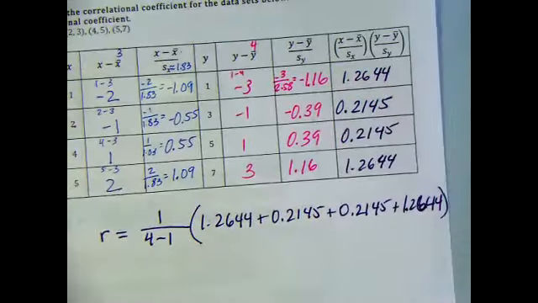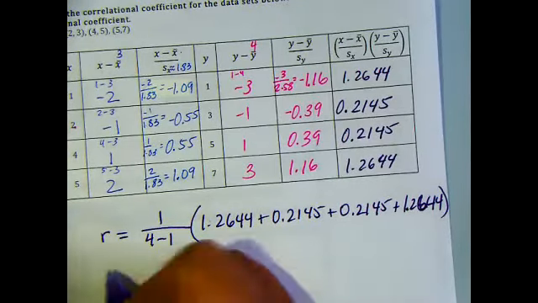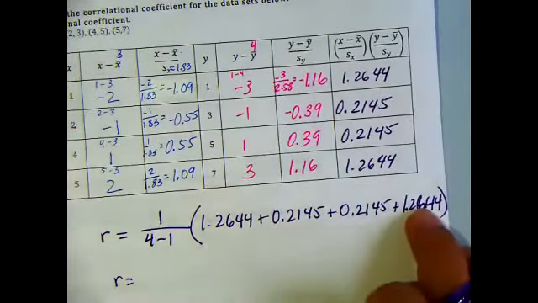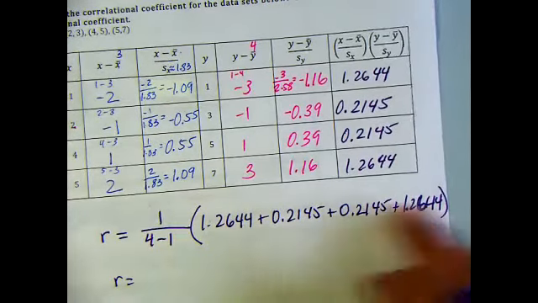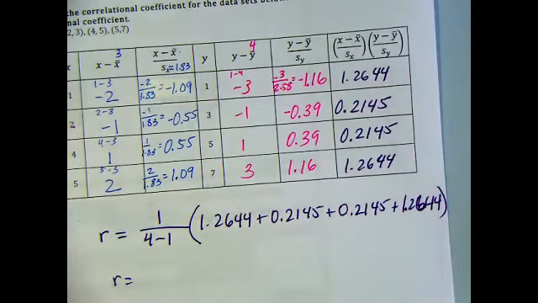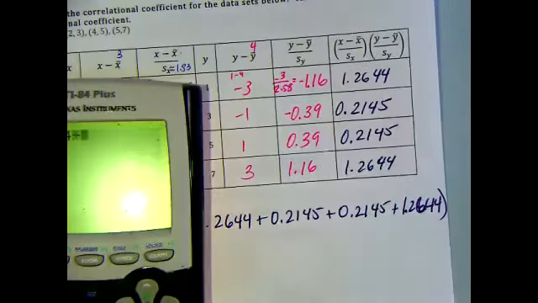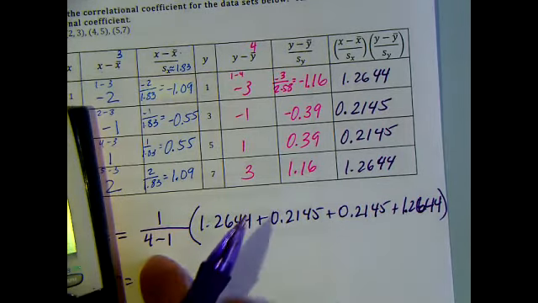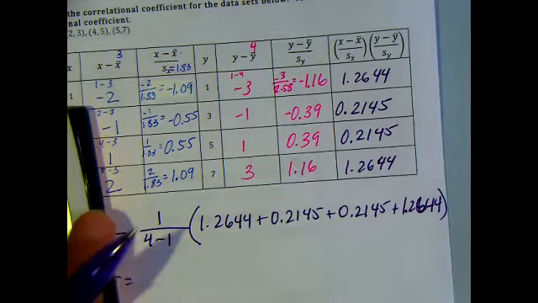And then of course we just add and divide essentially. You can do 2 times each of these and 2 times each of these, but it's really just up to you. So 1.2644 plus 0.2145 plus 0.2145 plus 1.2644 divided by, essentially that's 3, right?